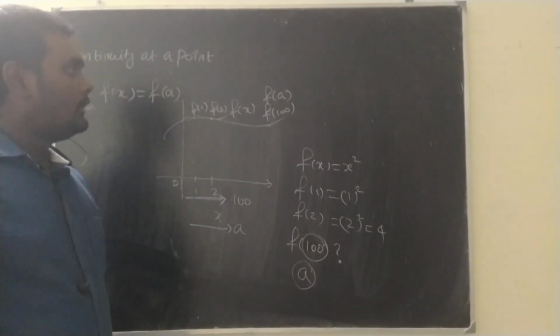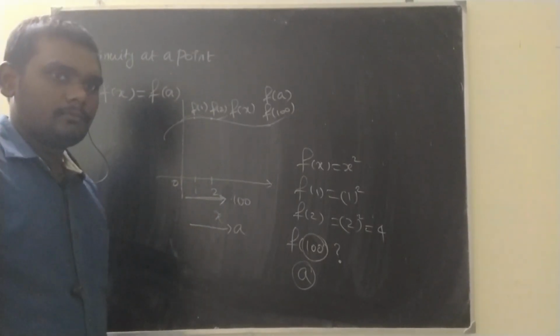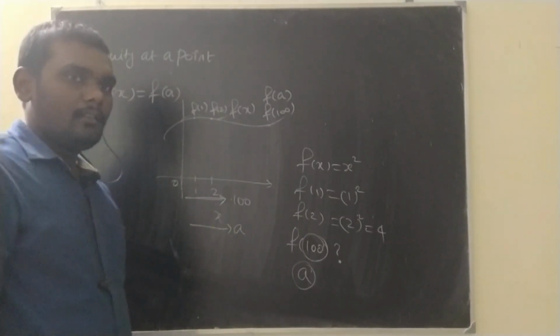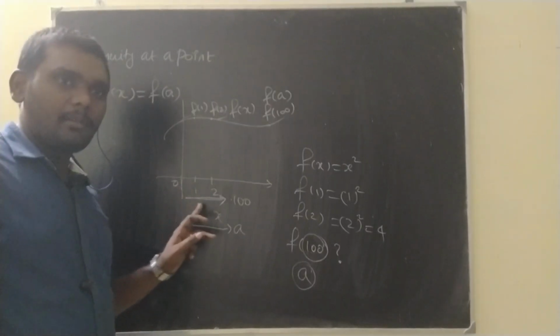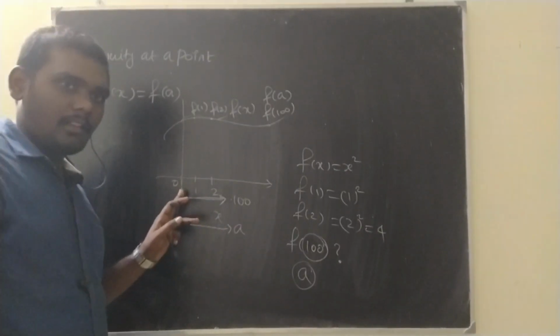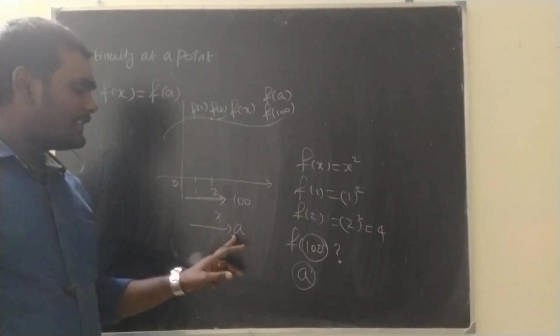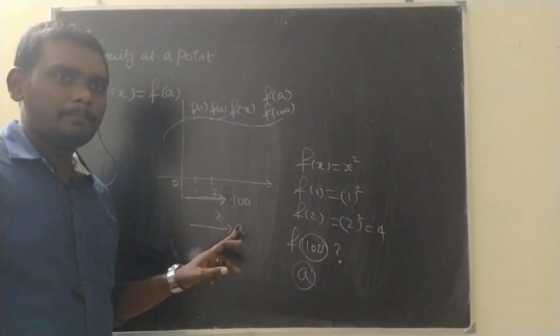Then right hand limit, left hand limit. Right continuous, left continuous. That is simple. Instead of starting from 0, we are starting somewhere near A. How near to A?